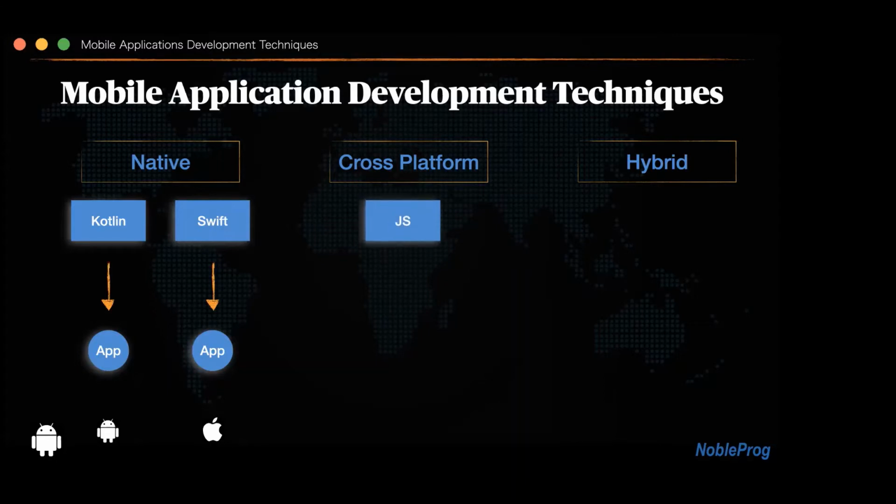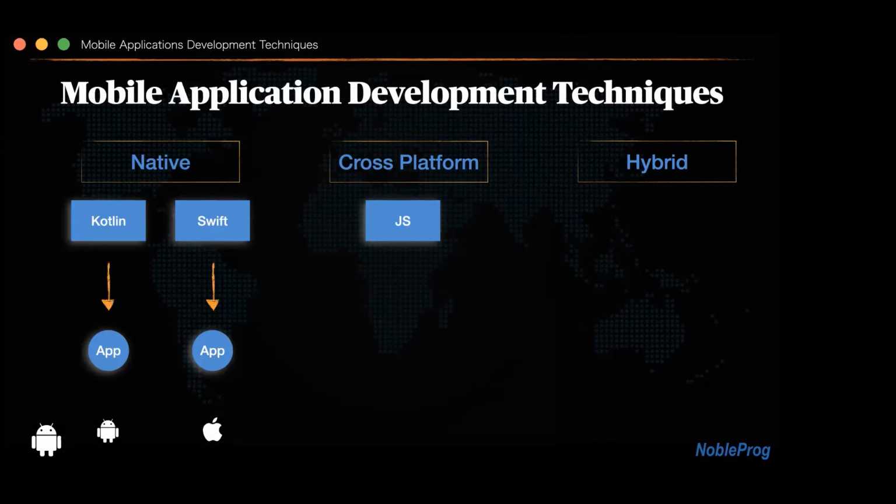In the cross-platform, it's slightly different, because you will be developing your application not in Kotlin nor Swift. You will be building your application in a third technology, which is, for example, JavaScript when you are using React Native, or another programming language called Dart when you are using Flutter.